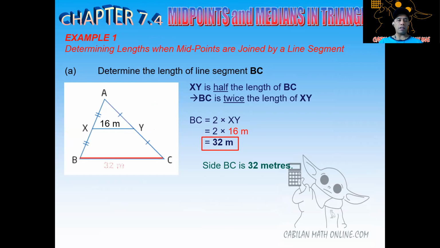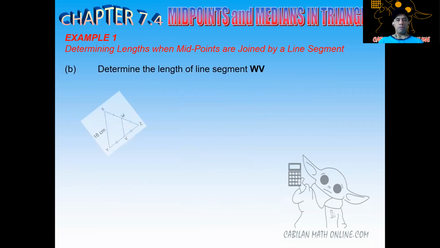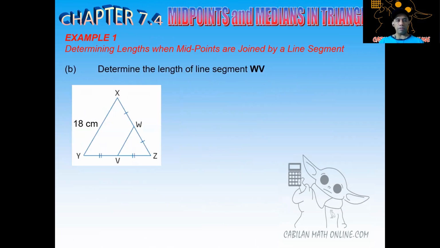All right. So let's take a look at another example here. You notice this is very similar. The only difference is that I have a triangle that happens to have a different orientation. So what we have here is we want to find out the length of line segment WV. And in this example, notice that what we have here is the measurement of the longer side. So all we have to know about this here is that the line segment XY is twice as long as WV.